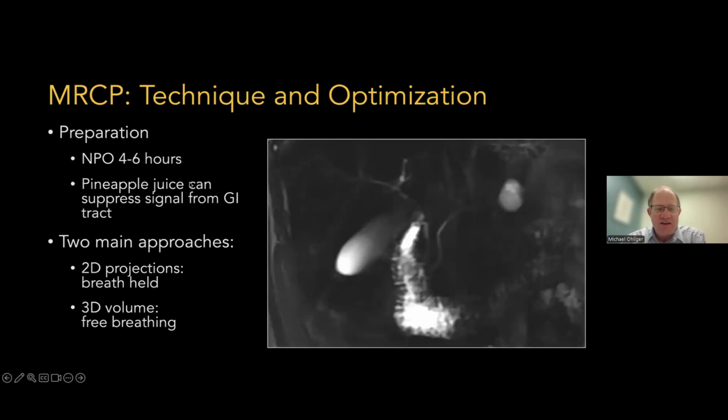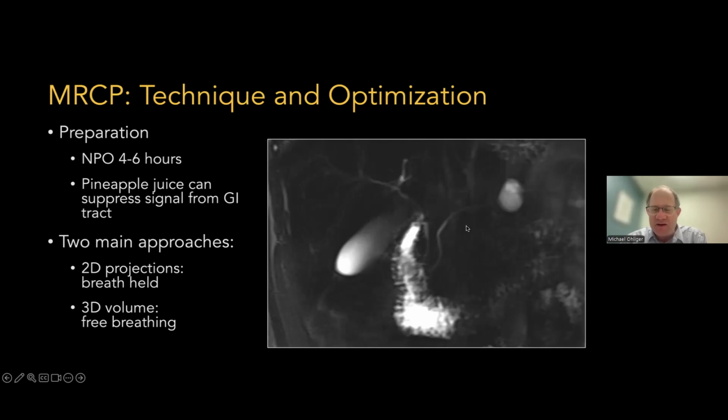And so that separates background tissue. And so one of the things we can do is further suppress the background tissue. It's the one exam where it's really important to be NPO. So we ask people to be NPO 4 to 6 hours because that removes a lot of the fluid in the stomach and also removes a lot of the fluid in the duodenum.